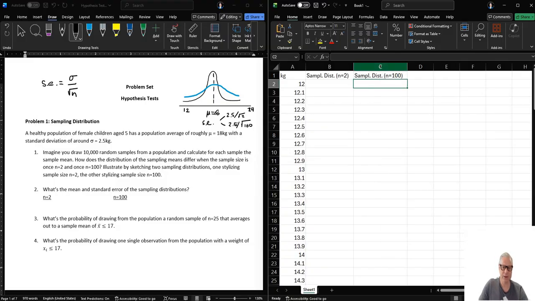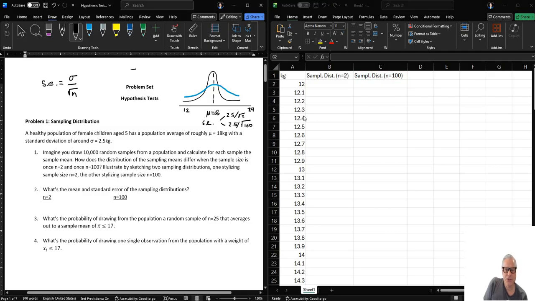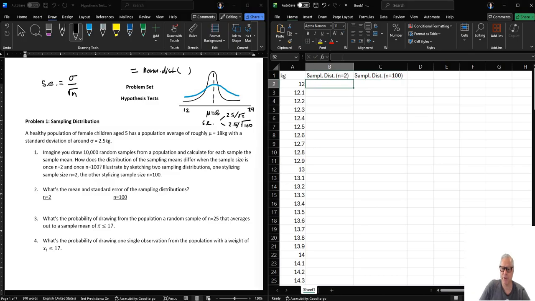And the formula that we need is not norm.s.dist, because that is for the standard normal distribution, which has a mean of 0 and a standard deviation of 1. But there's another formula in Excel which we can use in order to illustrate those sampling distributions, and that is just norm.dist. That gives us more flexibility with respect to the mean and the standard deviation. But it will be bell-shaped, so that's the point.